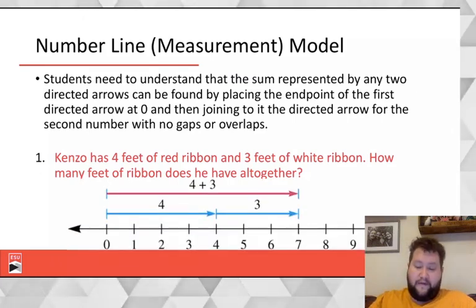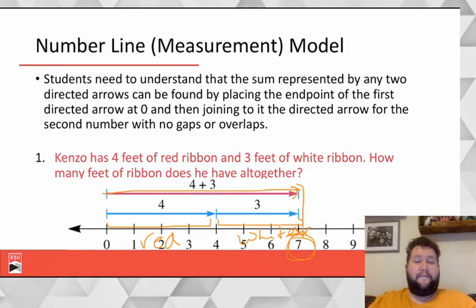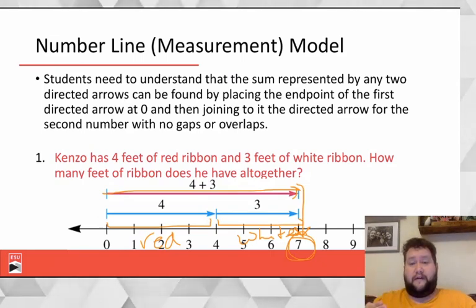Well, in this picture, what we see is he has the 4 feet of red ribbon and 3 feet of white, which means we have 4 plus 3, or 7 altogether. So you can see how this is similar to counting on, where we had 4, 5, 6, 7.